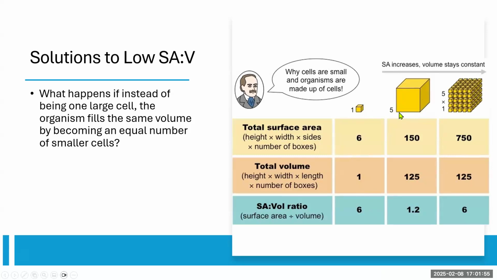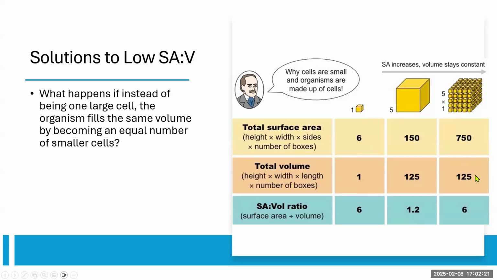However, instead of it being one large cell, this volume is now made up of a number of smaller cells. In this case, it will be made up of 5 by 5 by 5, which is 125 smaller cells, each with its own surface area of 6 sides. What we realize is that the total surface area is now 750.